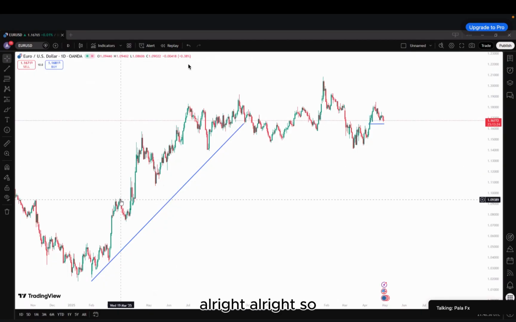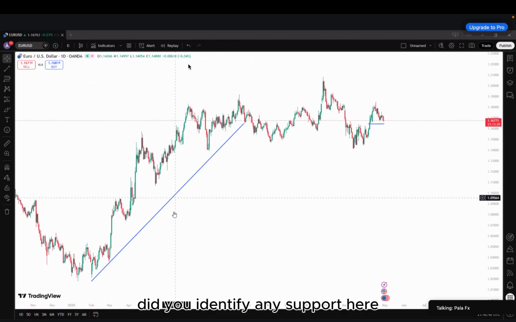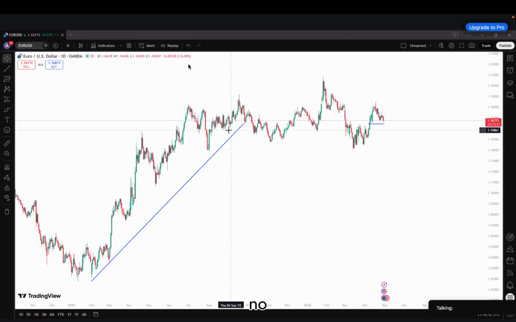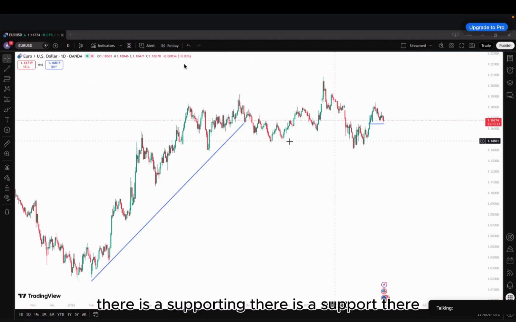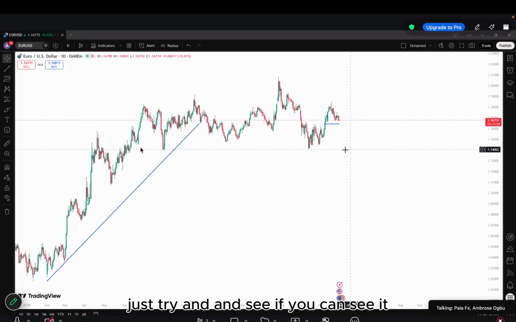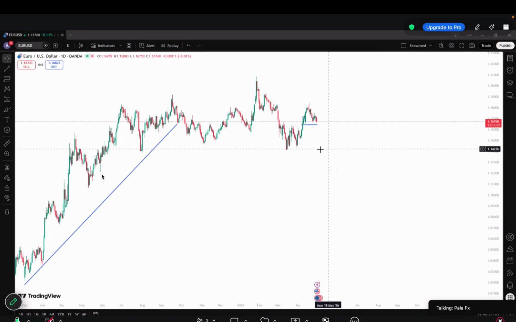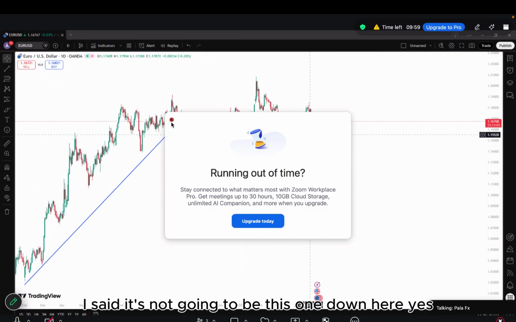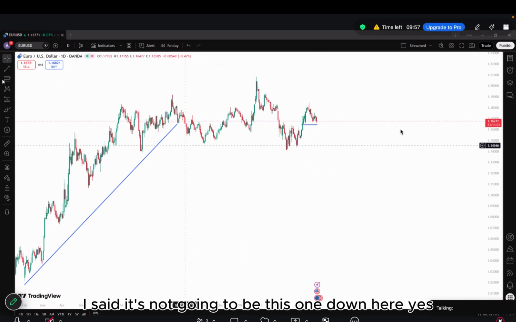All right. So, did you identify any support here? No. But there is a support. There is a support there. Just try and see if you can see it. I said it's not going to be this one down here.